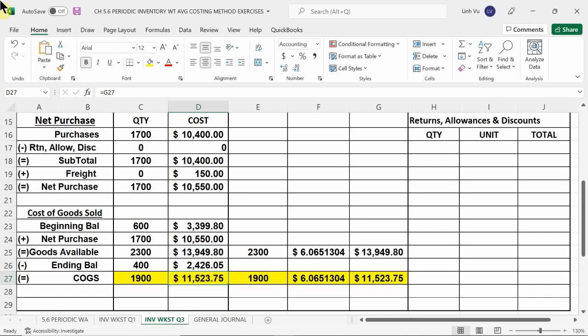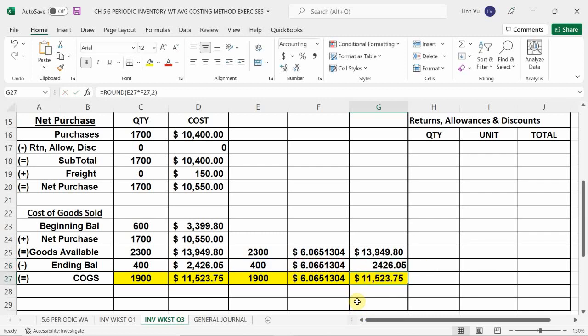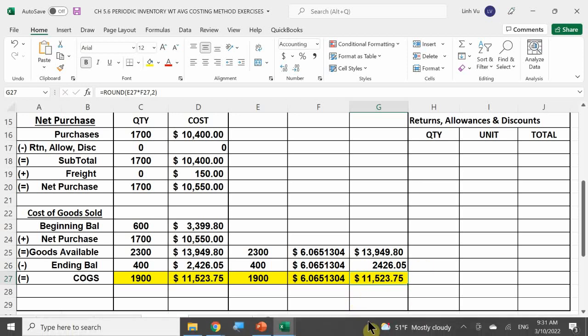Good, right? And of course, if you chose to do the other way, yes, you could get the same answer if you did 400 times the average cost, so equal round, right? You should get the same answer here. Okay, $2,426.05. Yes.